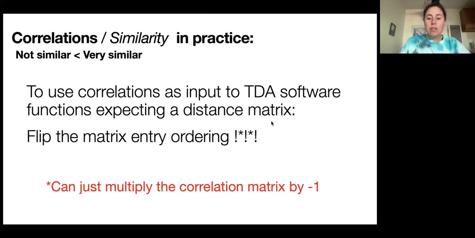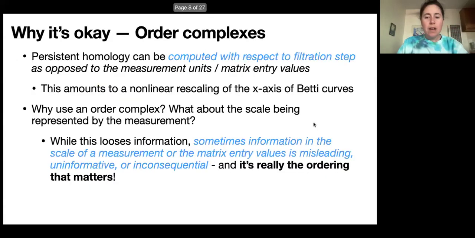If you have a correlation matrix, you could still input it into any of the traditional TDA software. All you need to do is flip the matrix entry ordering. One trick is multiplying the correlation matrix by -1 and using that as the input to a TDA software function that might be expecting a distance matrix. You'll be able to get out persistence diagrams, Betti curves, any of the topological summaries output by the software, just from that little flip on the input correlation matrix.